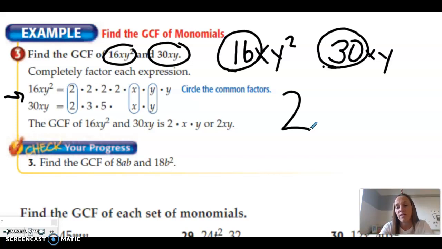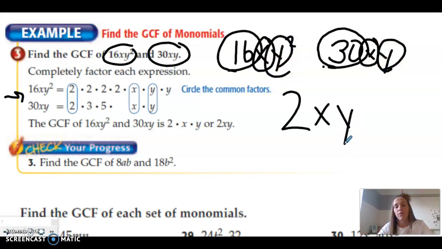So the only things that they have in common are one x, they each have an x, so I would put an x here. They each have a y. Now this one has an extra y, but in order for me to include it in the GCF, it has to be something that both of them share. So since they both have an x, I put an x in. They both have a y, I put a y in.